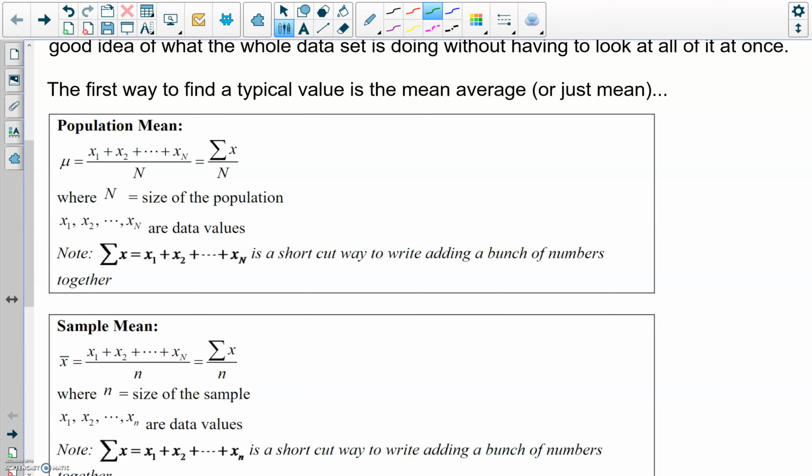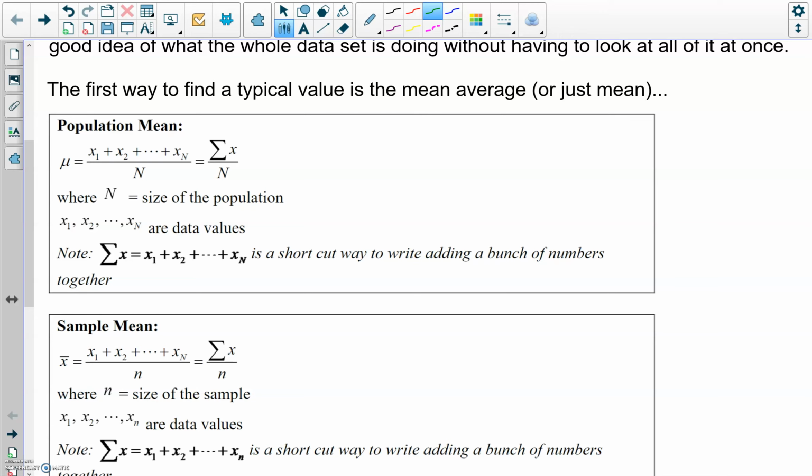It tells a lot. It tells that it's a mean, and it tells that it's coming from the whole population, all the values, like they did a census. And you can see here, x1 plus x2 plus all the way out to xn, they're adding data values together. Why the subscripts? It's just a way for them to notate, like data value 1 would be x sub 1, data value 2 would be x sub 2, x sub n is going to be the last data value in this population.